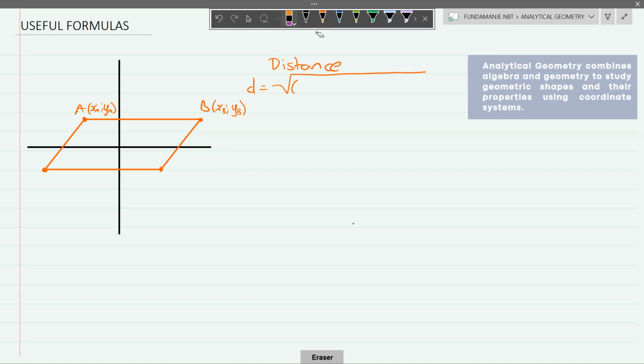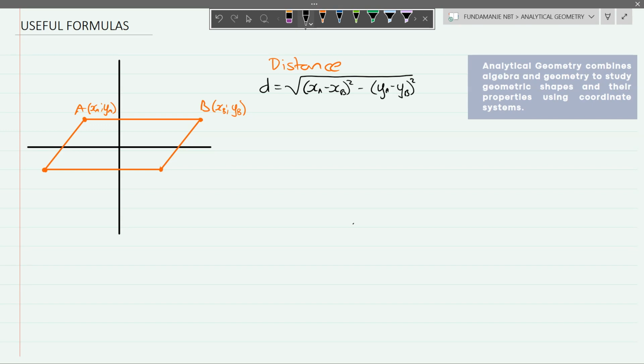So our distance will be the square root of the difference between either XA minus XB or XB minus XA, whichever one you start with when you do the X part, squared. The same order you have to take when you're doing the Y part of it. So YA minus YB, squared as well. So this is the distance formula.